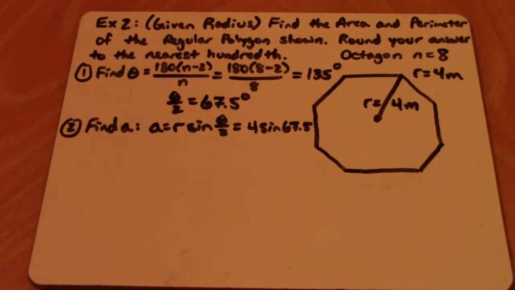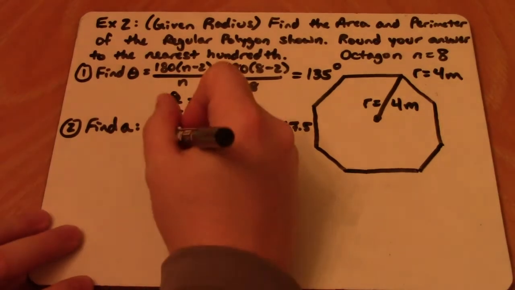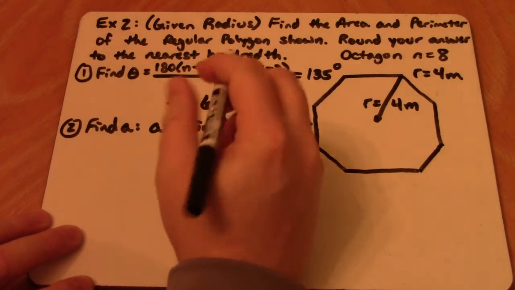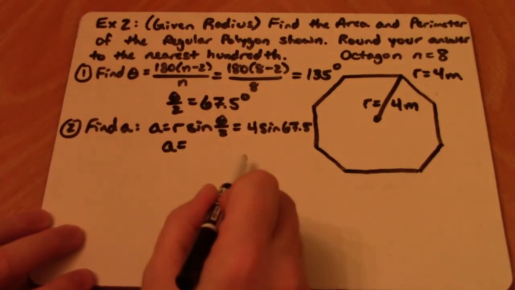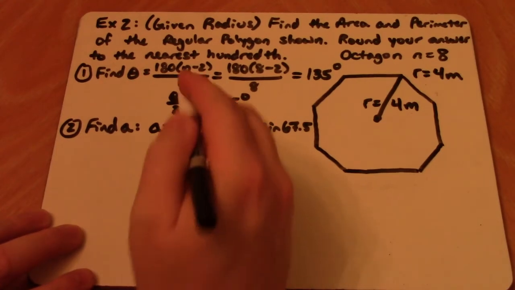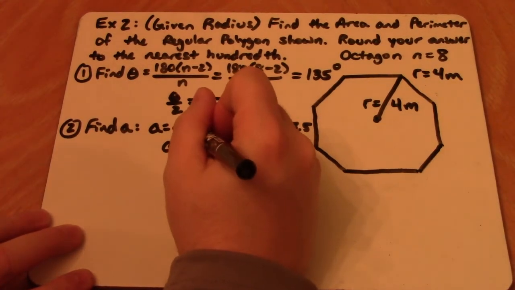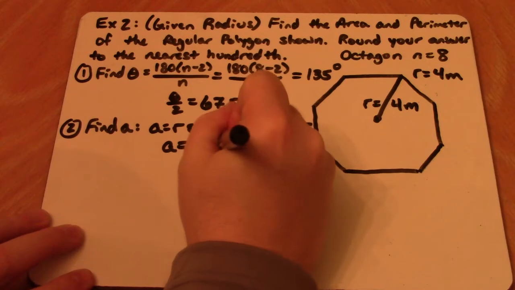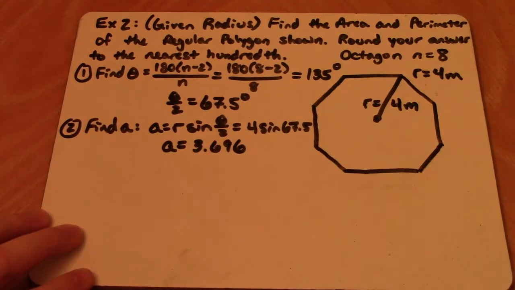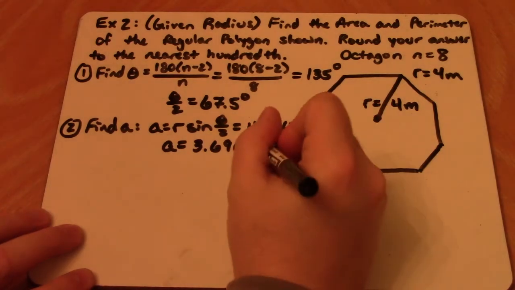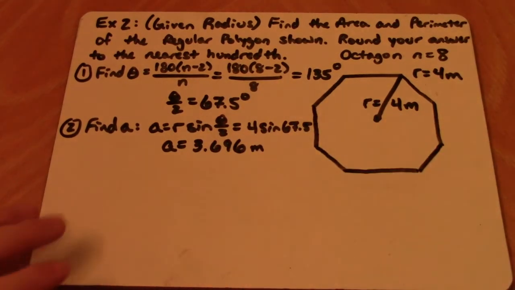We feed that to our calculator. 4 times the sine of 67.5. And since the directions call for 2 decimal places in our final answer, we keep 3 decimal places for the purposes of calculations. So in this case, that would be 3.6955, so we would round that first 5 up to a 6. 3.696 meters, not that units matter at this point.